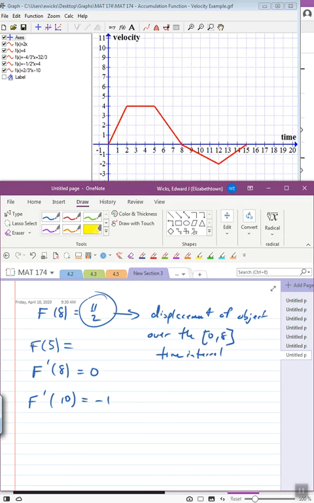I'm sorry, F prime is what I mean to say. We can calculate F of 5, but that's not what I meant. F prime of 5 is what I was after, sorry. Yes.